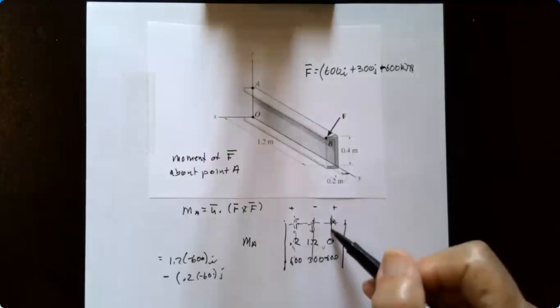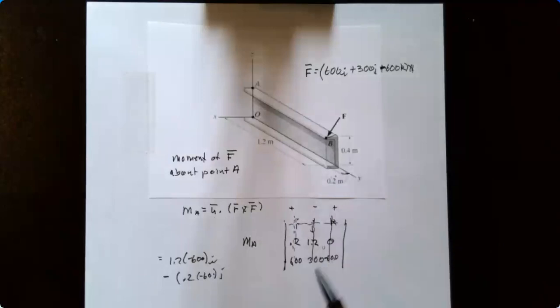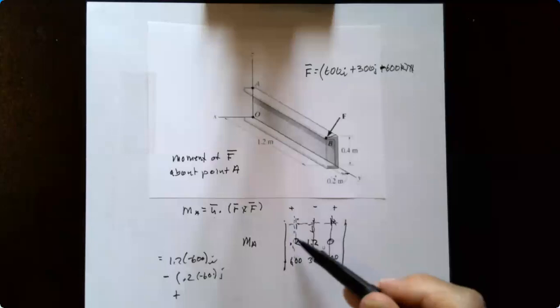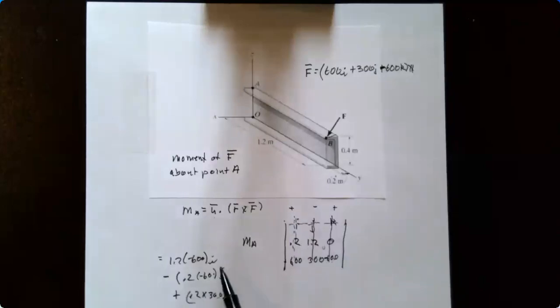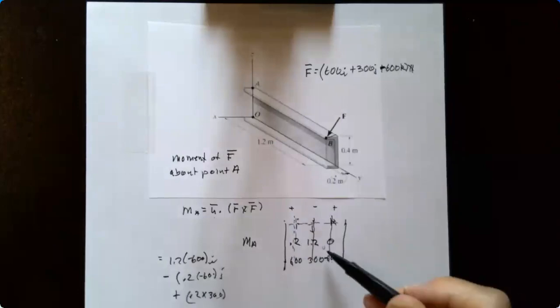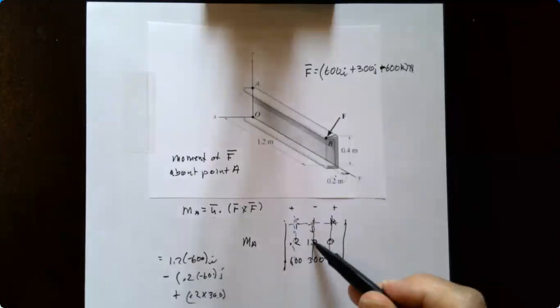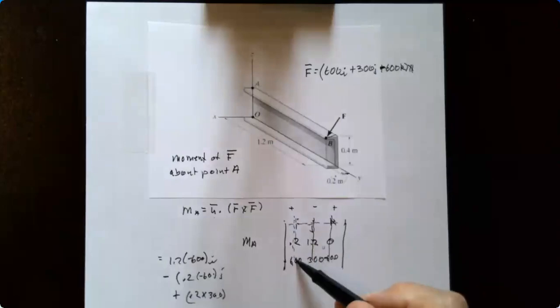Last term, cross out here, we have this. So this is plus. We have the 2/10 times 300, and then minus 1.2 times the 600.